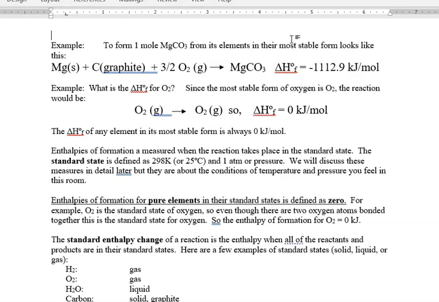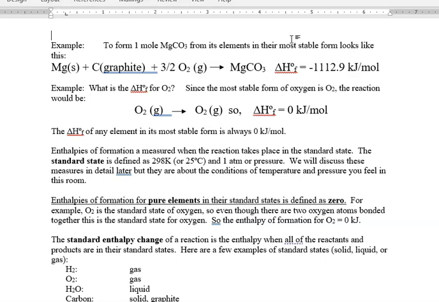So what is the delta H of formation for O2? Since the most stable form of oxygen, O2, is oxygen O2, the reaction would be O2 gas to O2 gas, so the delta H of formation is 0 kilojoules per mole. The delta H of formation, this is important, of any element in its most stable form is always going to be 0.